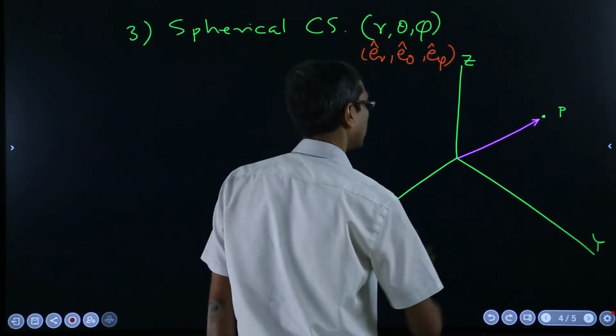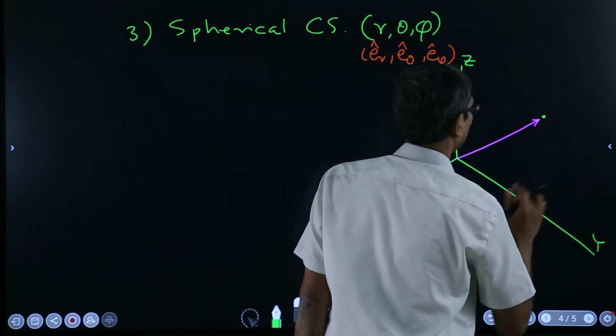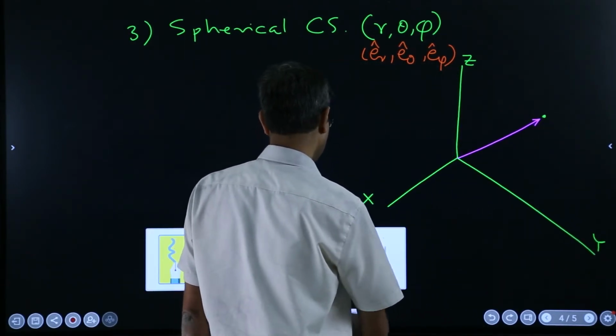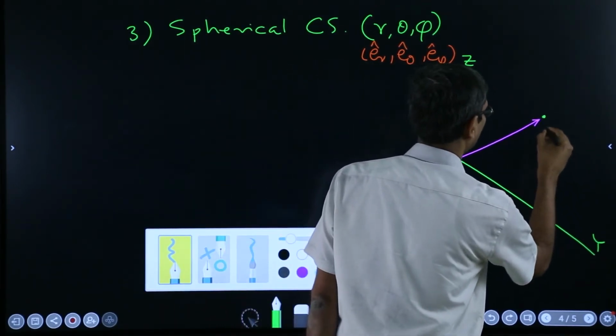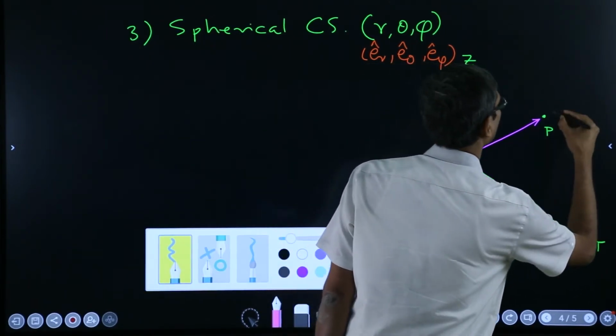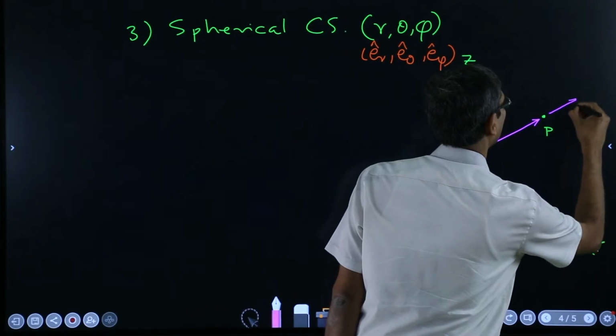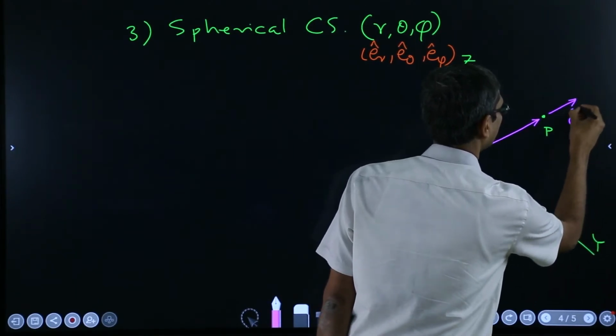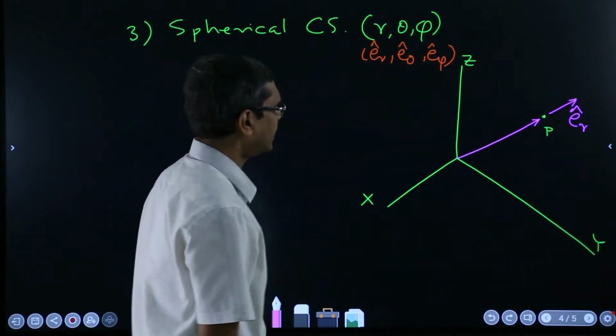Let me change this point to somewhere else, maybe here. Then the unit vector in this same direction will be ER.